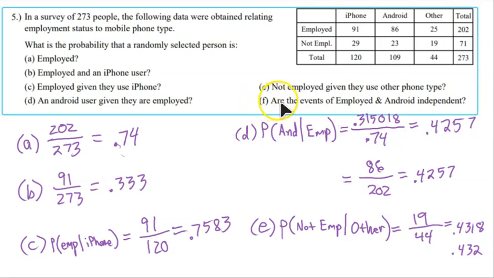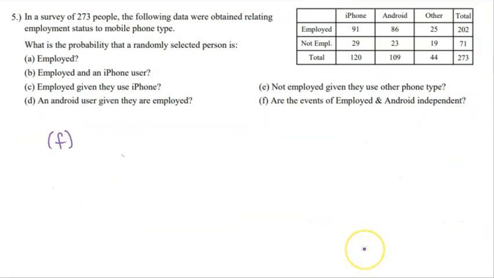All right, now let's talk about this last part. Are the events of employed and Android independent? For part F, we want to know if employed and Android are independent events. Here's how we're going to do it. We're going to identify the probability of employed, and determine whether that's equal to the probability of employed given Android.